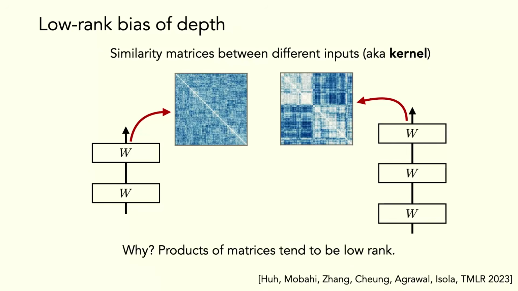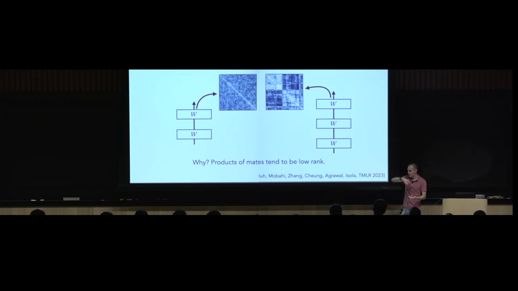So what's going on? The argument that we make in this paper is that products of matrices tend to be low rank. Again, it's like a parameter function map. If I have a random set of weight matrices, and I have more of them, there will be a higher probability that I will output vectors whose kernel is lower rank. This is a property of random matrix theory: products of random Gaussian matrices will result in a low rank matrix.